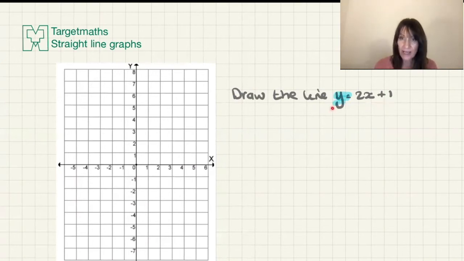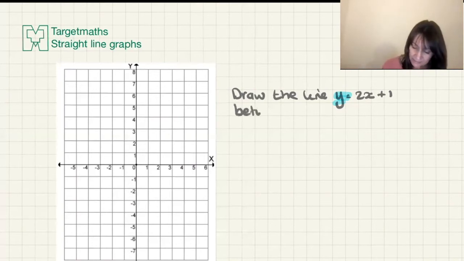If you've got y equals and the grid, you have to draw a table. That's what you want your brain to trigger. Okay, now the length of the table that you are going to draw, again, will be given to you in the question. So it will say something along the lines of draw the line y equals 2x plus 1.